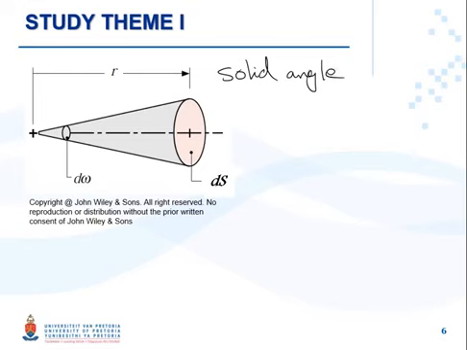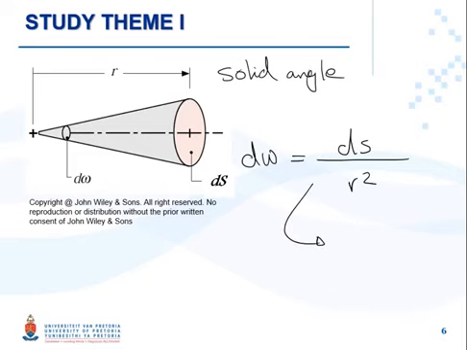mentioned here. The differential solid angle d omega is defined by a ratio, which is first the region between the rays of a sphere, and is measured as the ratio of the surface area of the sphere between the rays to the sphere radius squared, and the unit is steradian.